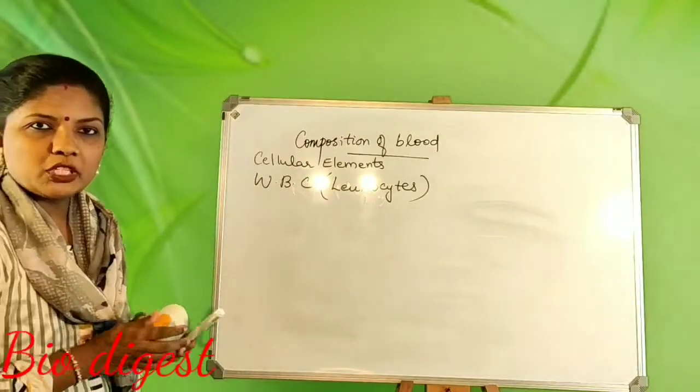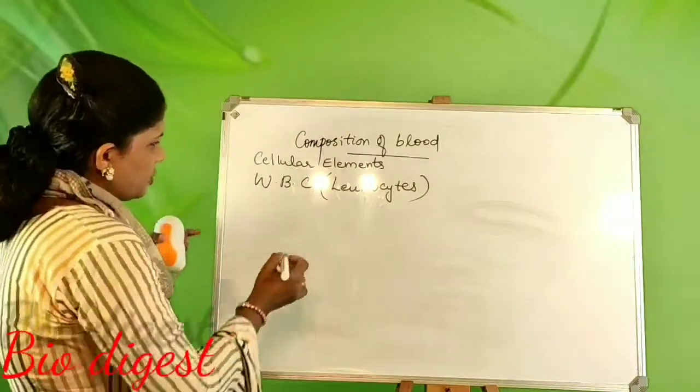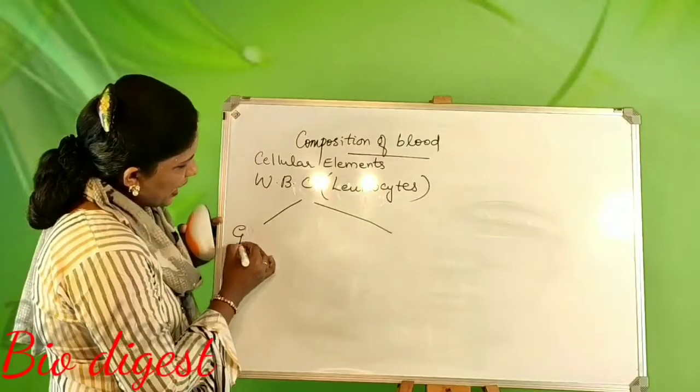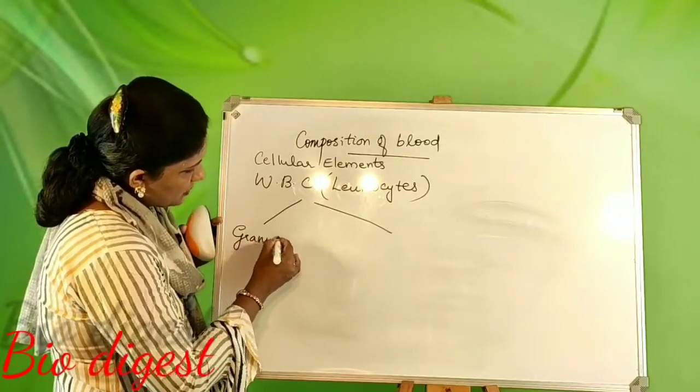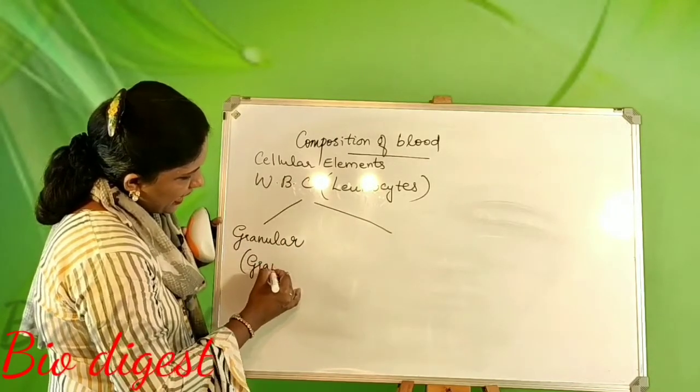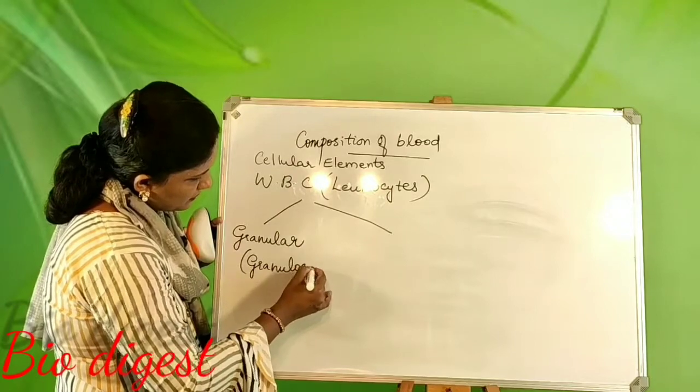Now coming to the two major categories of WBC. One is granular WBCs, otherwise called as granulocytes.